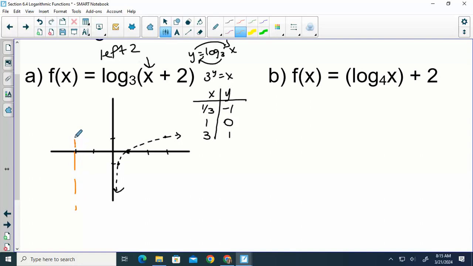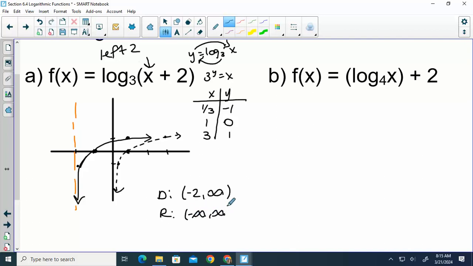So now that will get shifted to -2. So we move each of our points to the left too. What is the domain of that one? And the range? Everything.